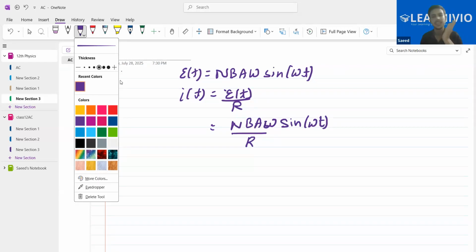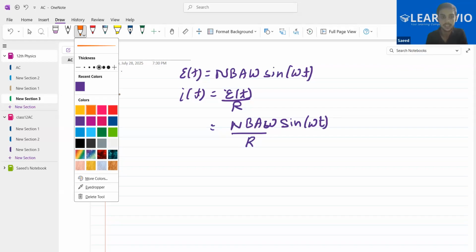Till that time, we'll be able to complete it very easily, and even a lot of other chapters. Leaving a chapter in between and switching to another chapter is not a good idea, because we are going to forget this, and after some time it will be hard to recall it again. Let us first complete this. It will not take a lot of time, because most of the things are something you have already studied in current electricity.